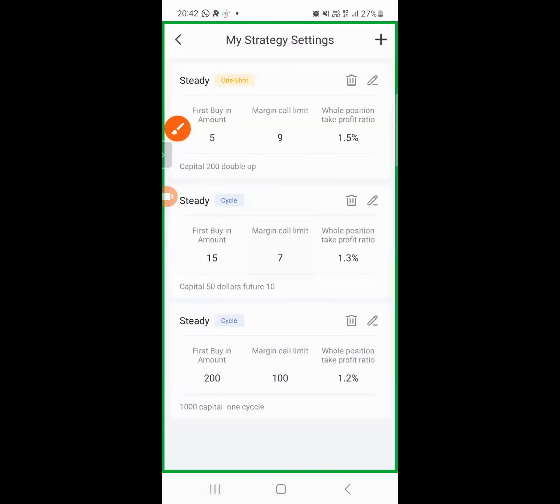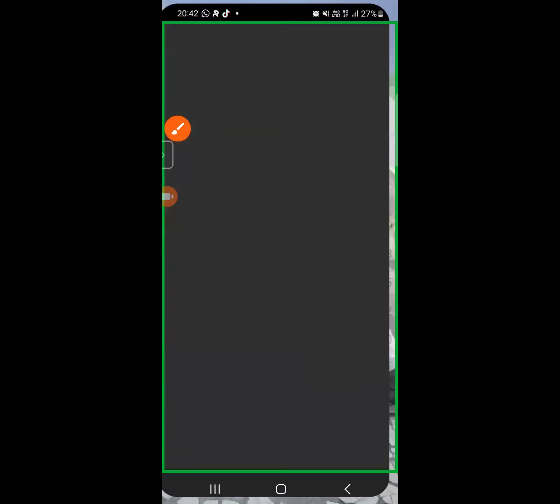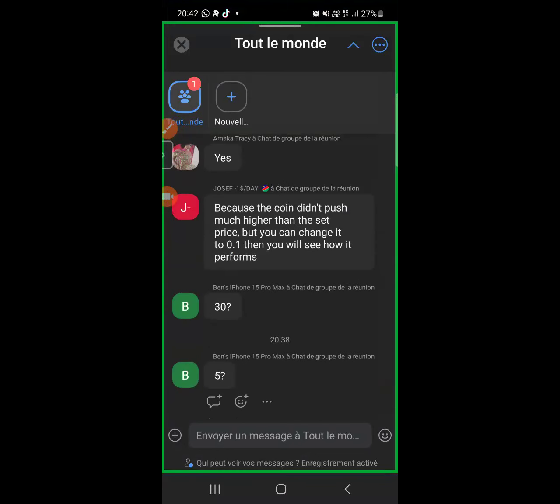So this is it. The strategy is here, the double up. So let's see whether everybody understood it. Then we move to the second strategy. Is that clear for you guys? The double up. This double up that I made, the first buy amount is $5.